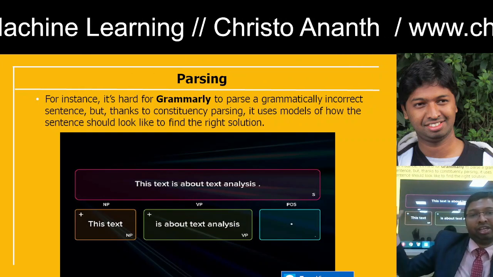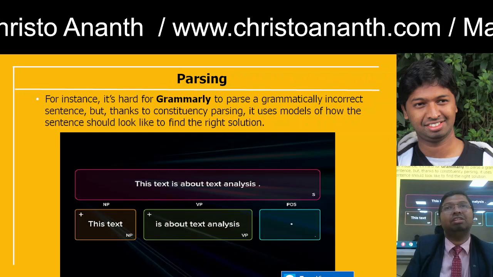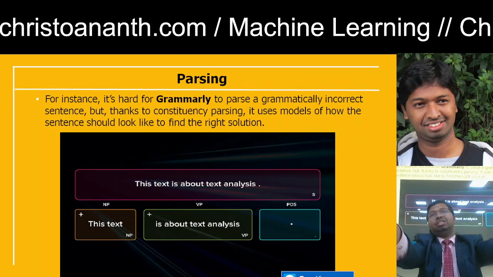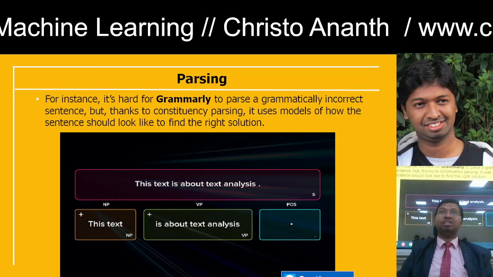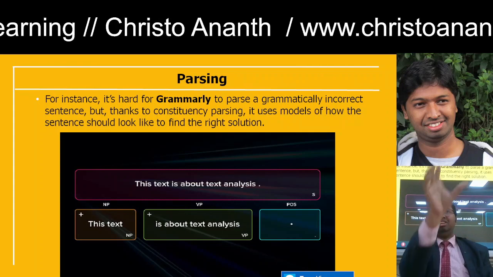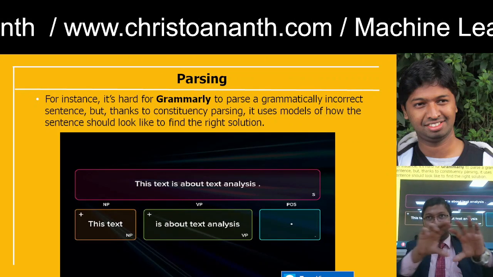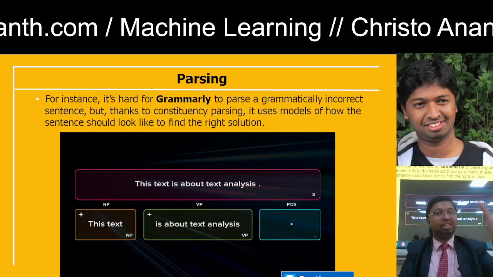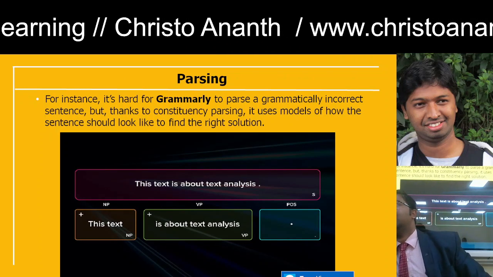For example, this text is about text analysis. Earlier, when we processed it, we saw it split like this. After that, through the parsing, it will say this text is about text analysis and then dot.